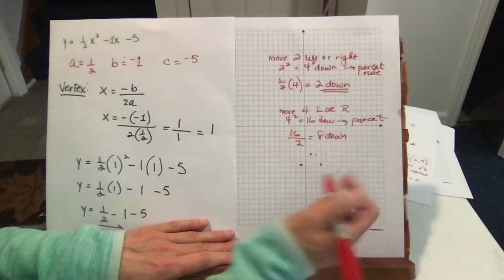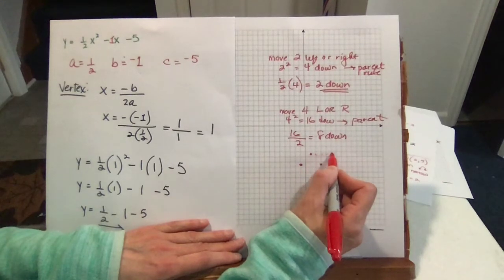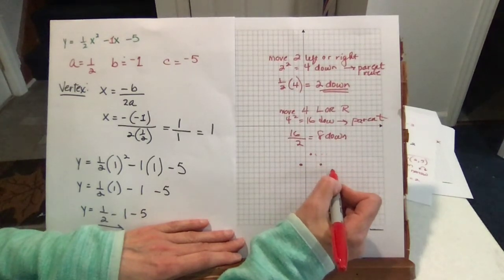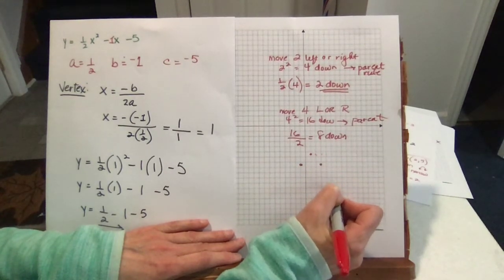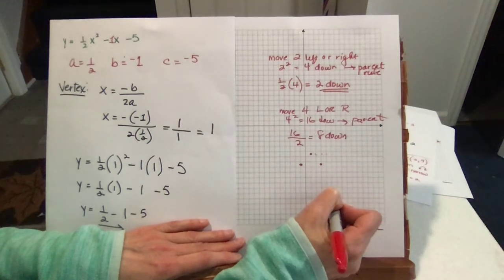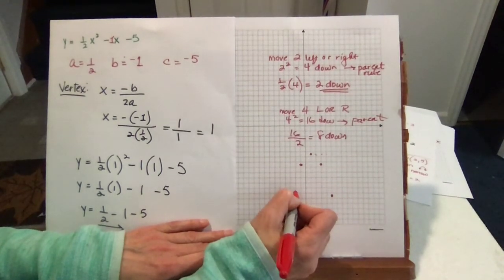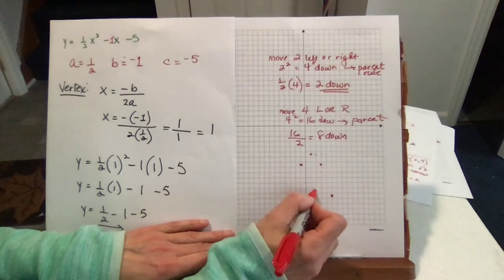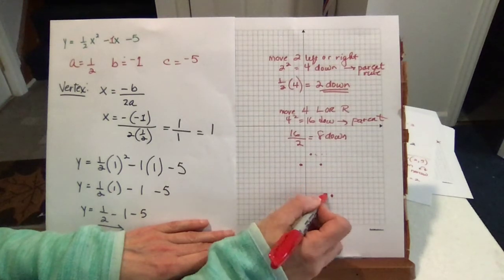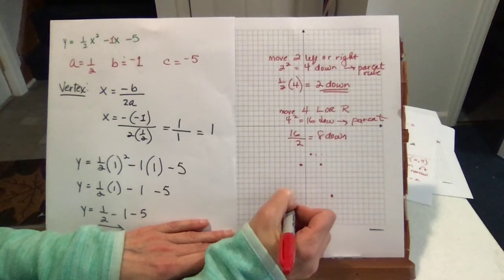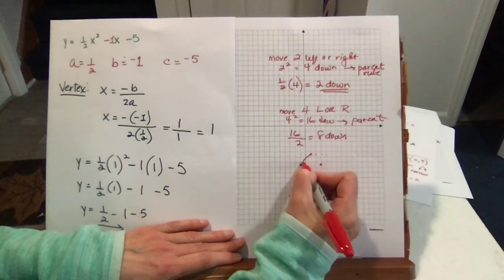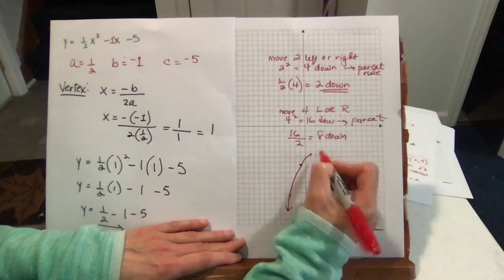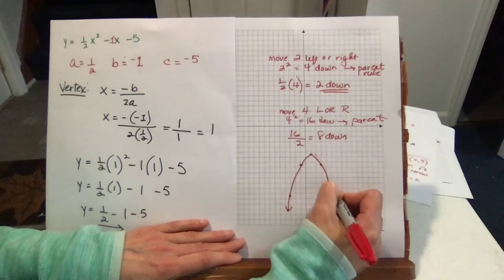So 1, 2, 3, 4, 5, 6, 7, 8. And use symmetry on each side. Remember, you're moving 2 away from where you were, so 1 over, 2 over, and there you go. And you got a nice parabola. That's a nice way to do it.